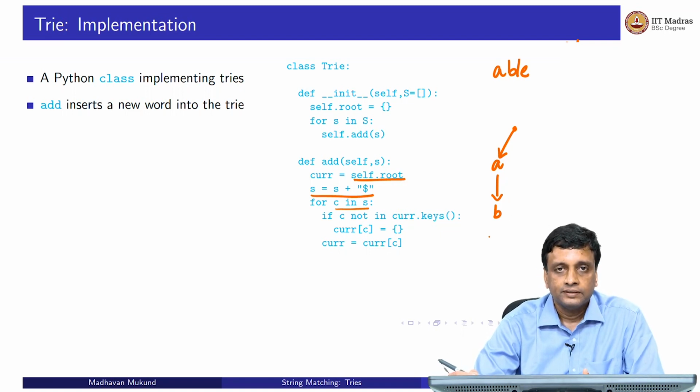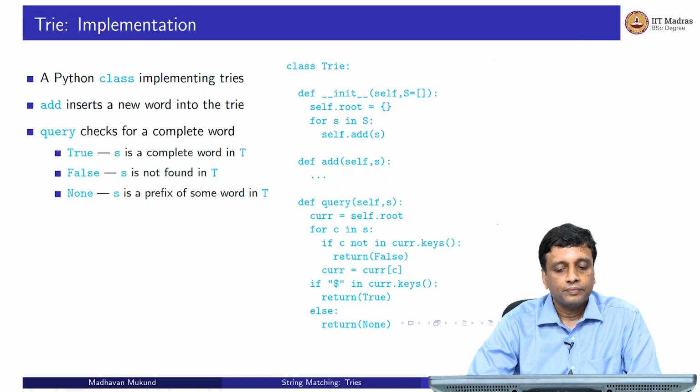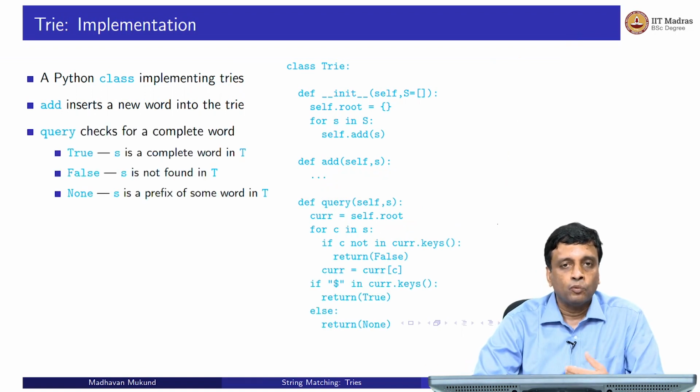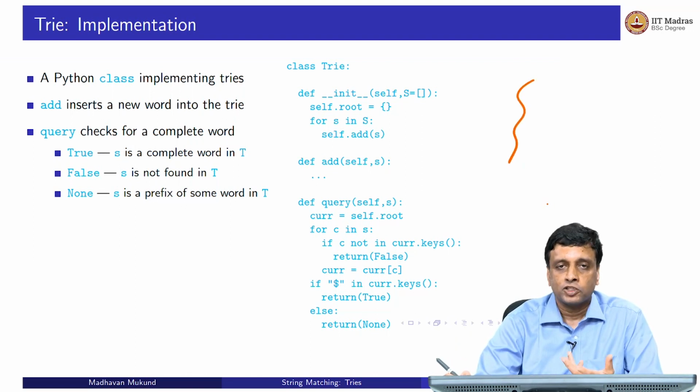So that's the idea. So that's how we add a word to this trie. And now when we want to check for a word in the trie, remember that we follow the path, right? So there are three possibilities. The first possibility, the good one, is that I reach the last node and I reach a dollar after that. So I can say yes, this word exists, right?